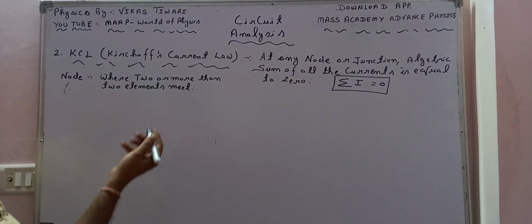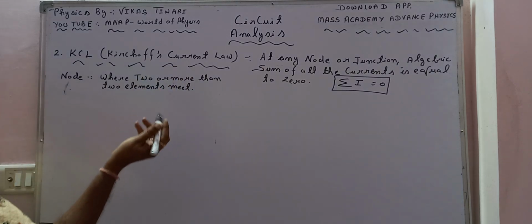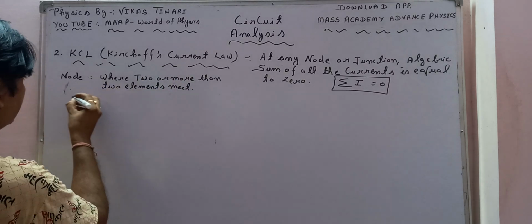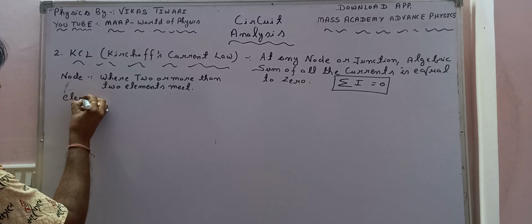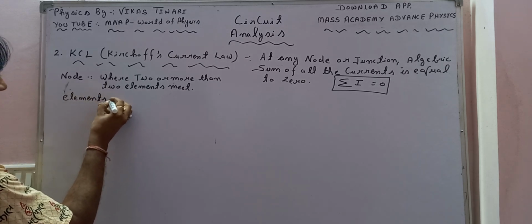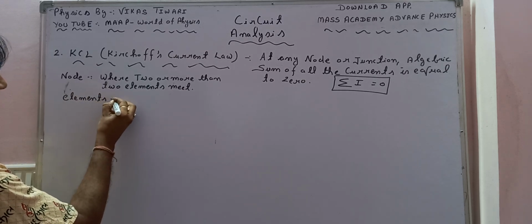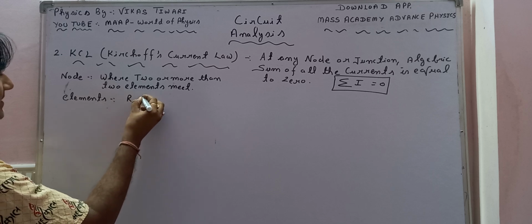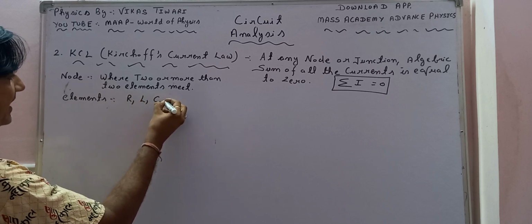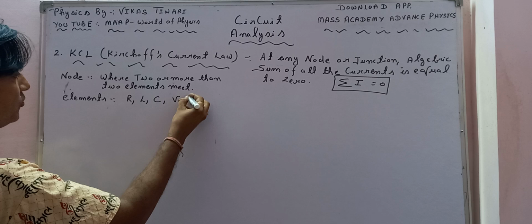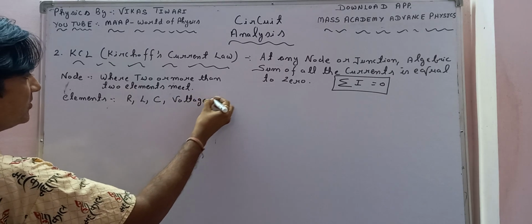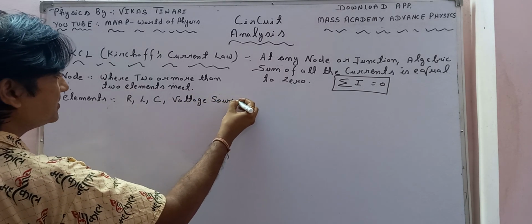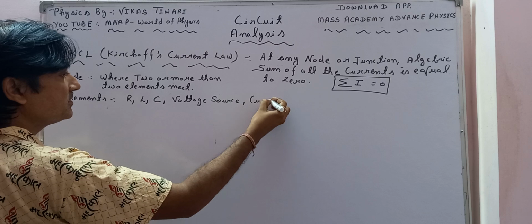The elements in a circuit, as I told you in my previous lecture, are the resistor, inductor, capacitor, voltage source, and current source.